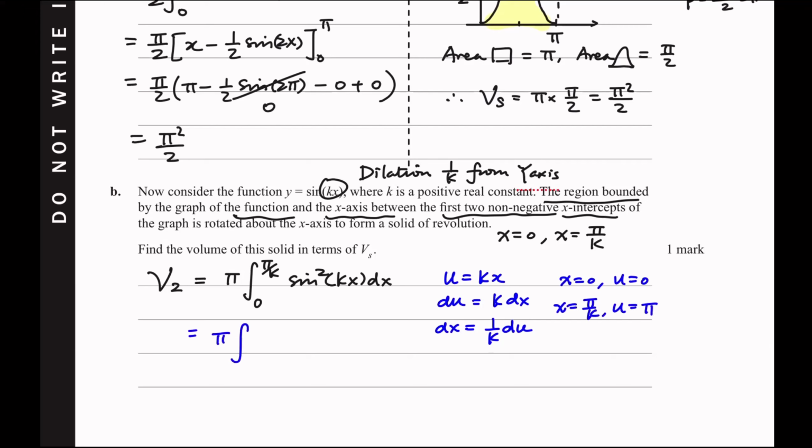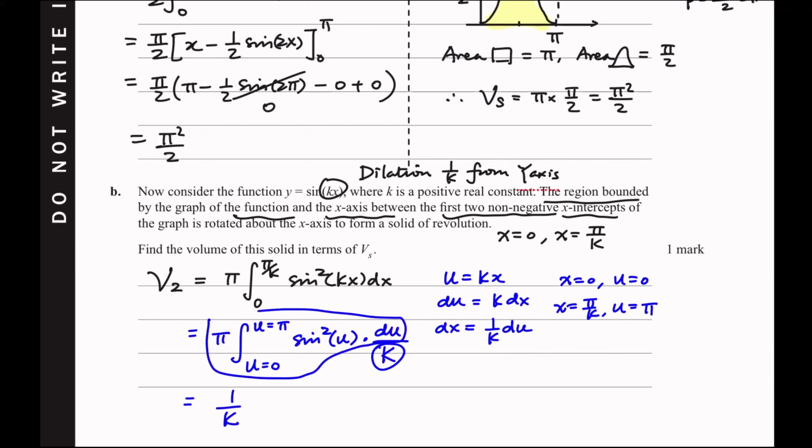Therefore, the integral will become pi, u equals 0 to u equals pi, sine squared of u times du divided by k. And you can bring out the 1 over k, and the rest is just the same value as Vs, because it's going to be half pi squared.